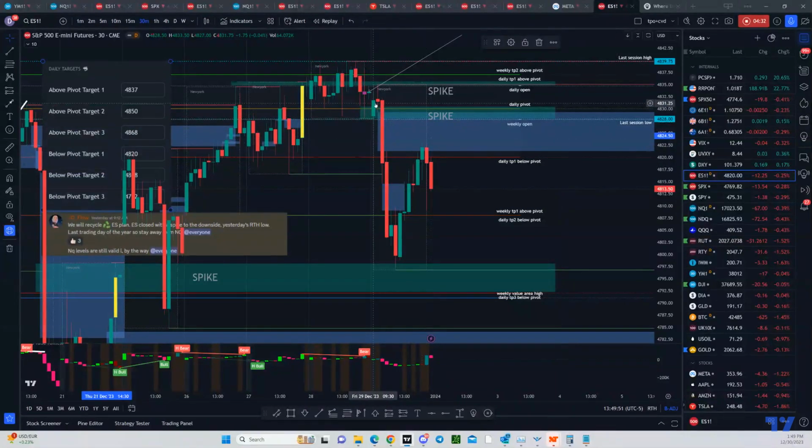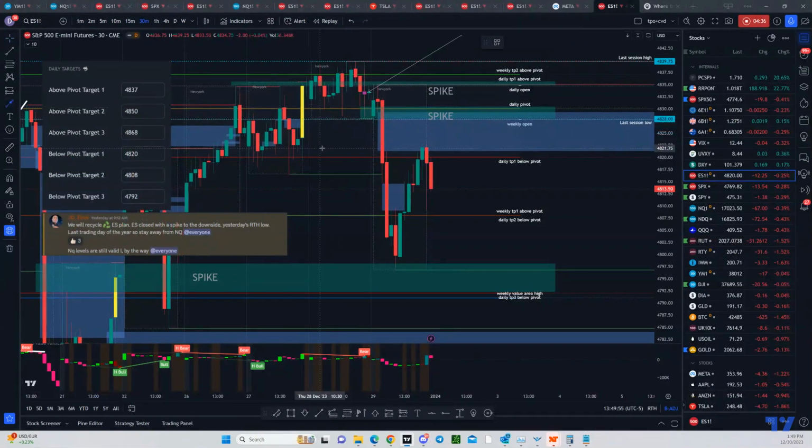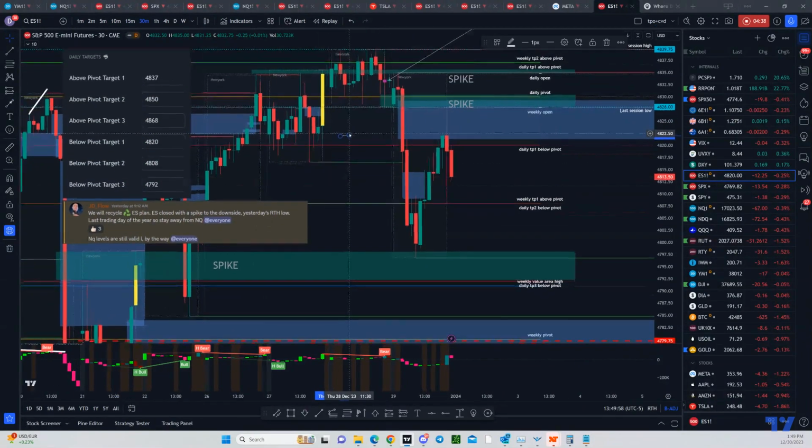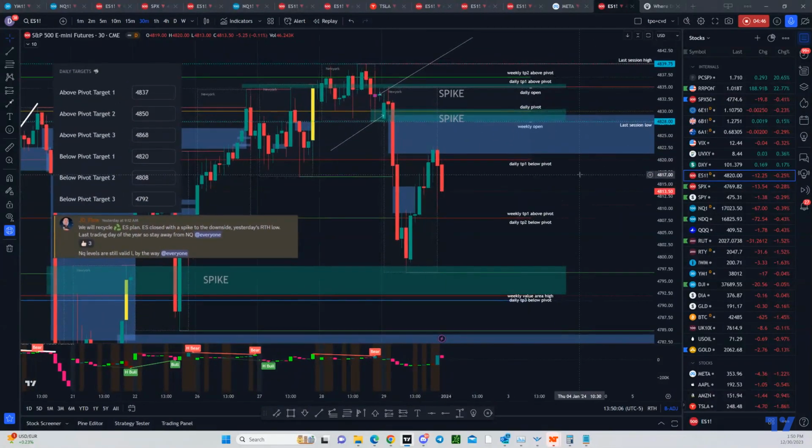So we open here at 9:30. This is our opening bar. You can see right here, 9:30. The opening was 48.2850, which is half a point above the previous day low.